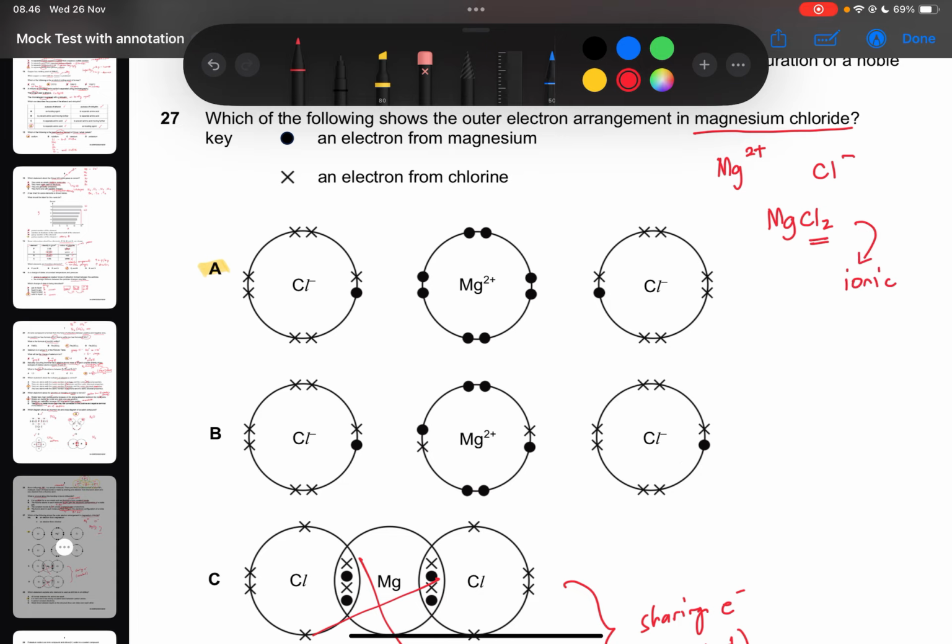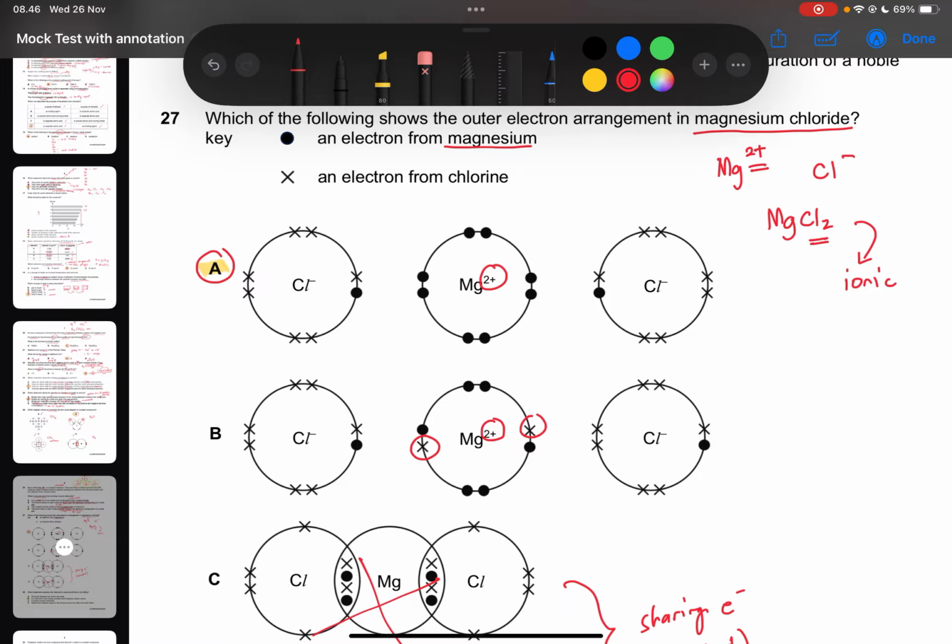Now, when we show the structure, we need to see that magnesium loses 2 electrons. Once the magnesium loses 2 electrons, it will form a 2 positive charge, and then its outer shell will consist of 8 electrons, and those electrons are all from magnesium, so it should be all dots. That's why these X's here are wrong. Therefore, the correct answer is letter A.